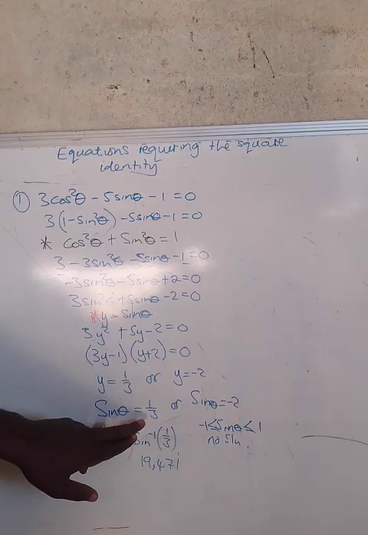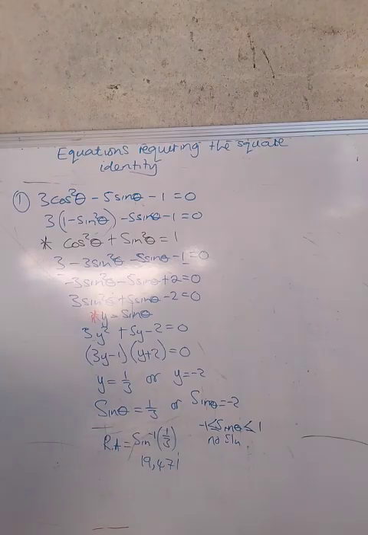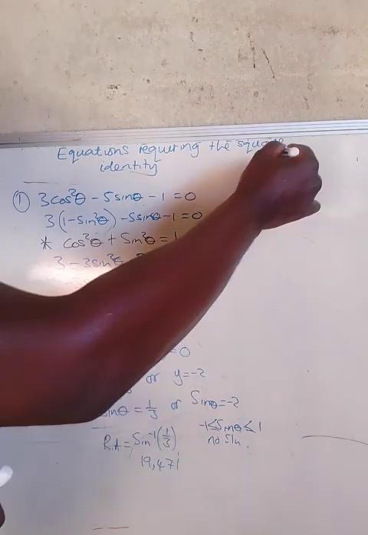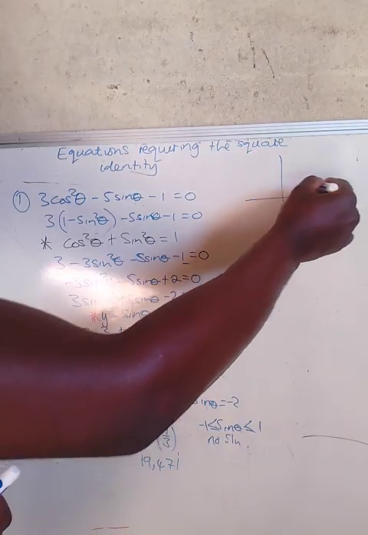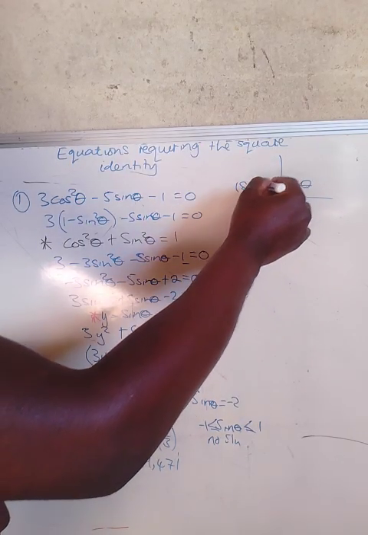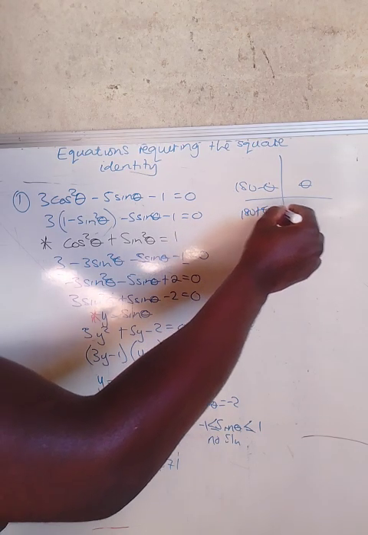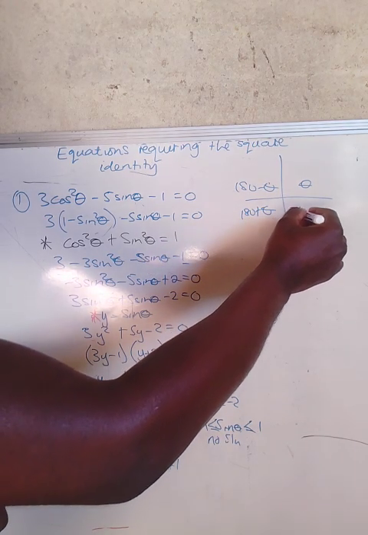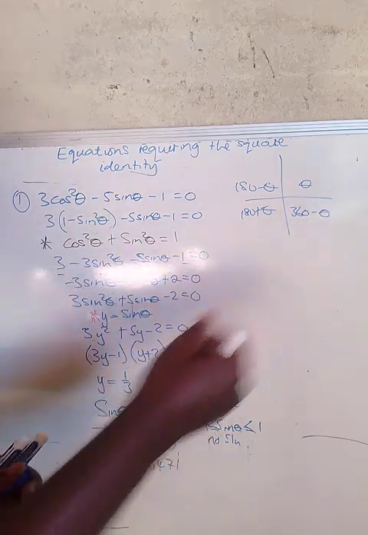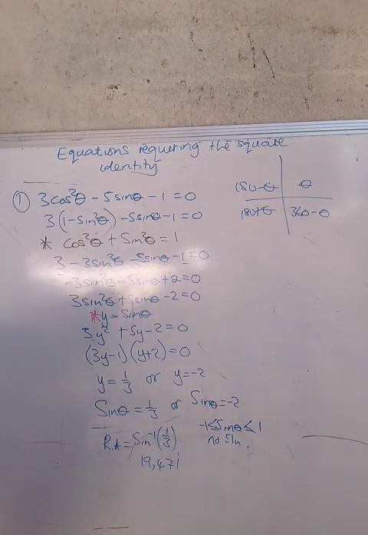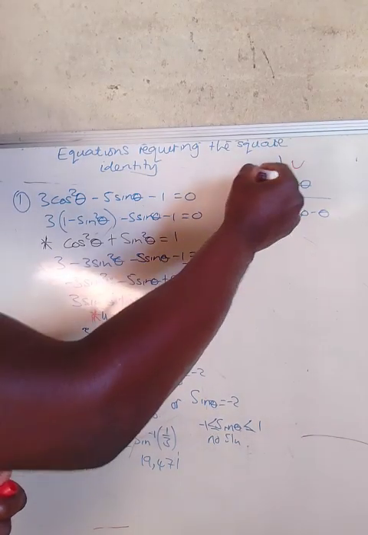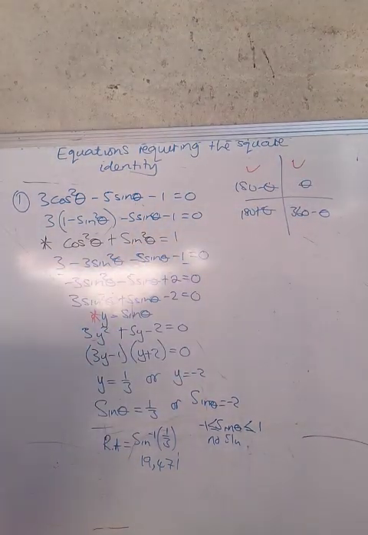So now we need to look, where is sine positive? Remember our theta, 180 minus theta, 180 plus theta and 360 minus theta. So sine is positive in the first and second quadrants. So we are going to use the first and second quadrants to find the general solutions.